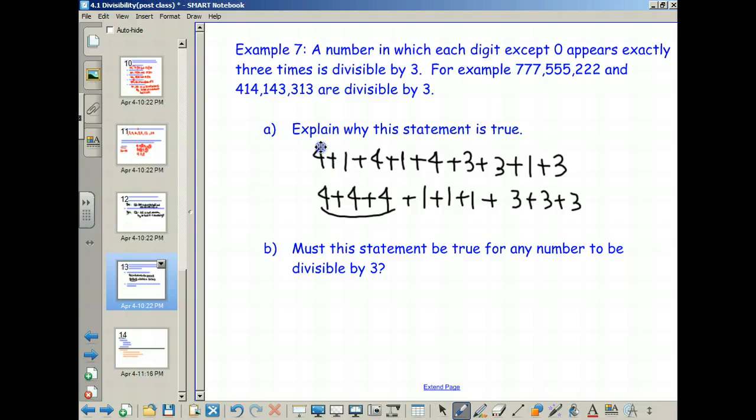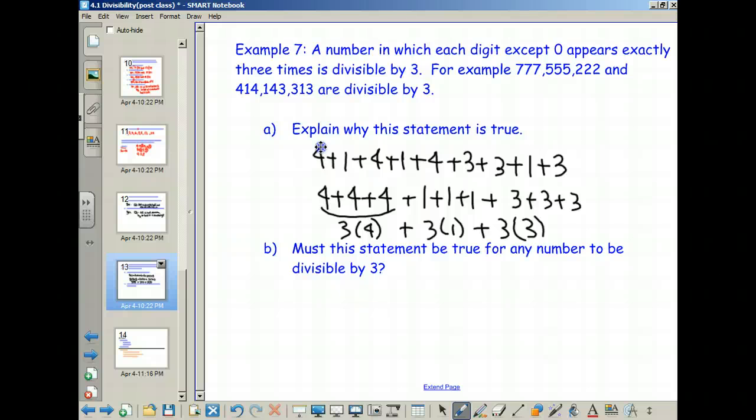So there are three fours. So this is 3 times 4. This is 3 times 1. And this is 3 times 3. Each piece of this has a factor of 3, doesn't it? Of course it does. Well, if they each have a factor of 3, then if you add them all together, the whole thing will have a factor of 3.